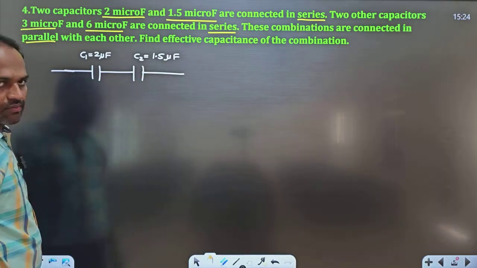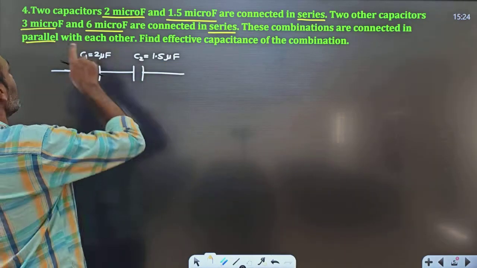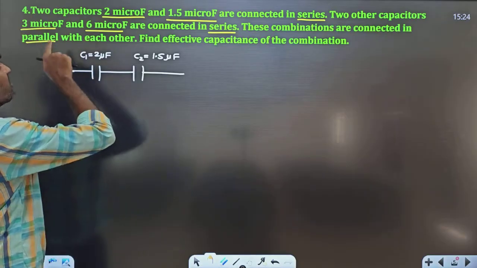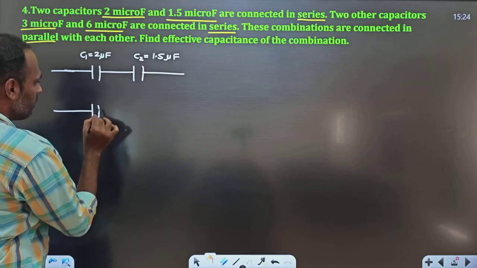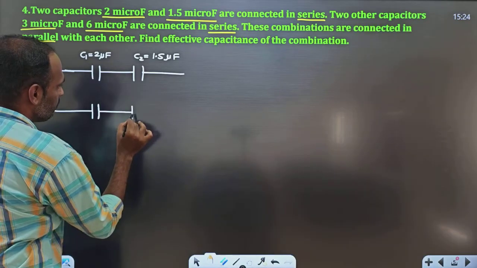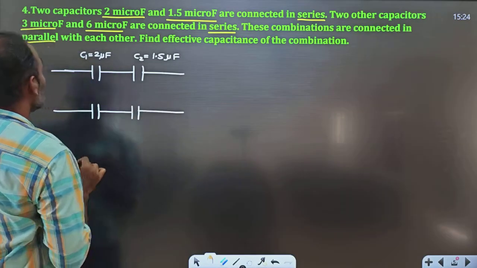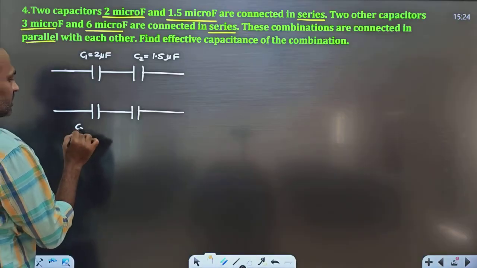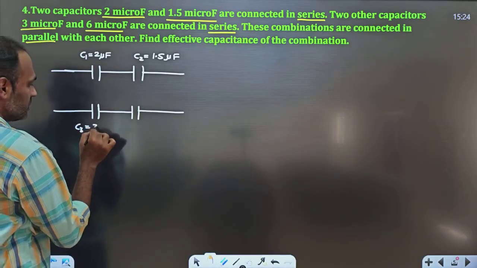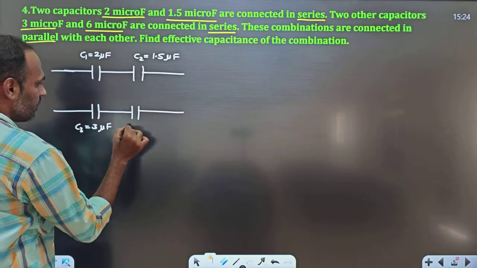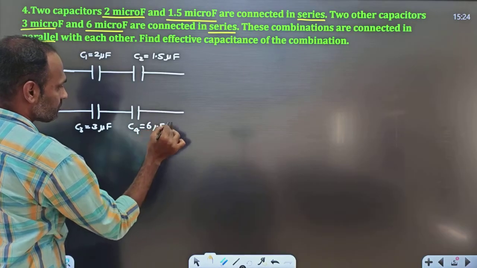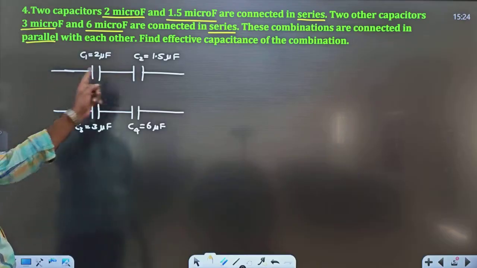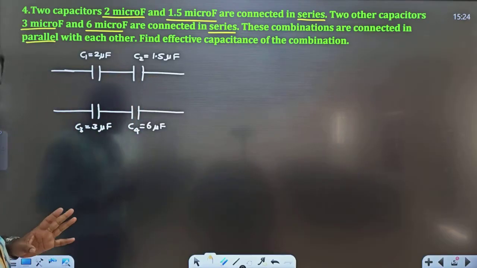Then 2 more capacitors are in series, 3 microfarad and 6 microfarad. So C3 is 3 microfarad, C4 is 6 microfarad. Both are in series.